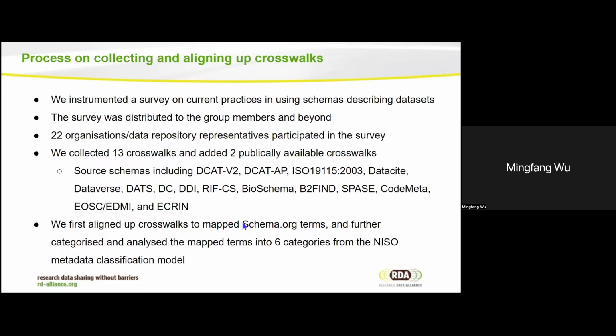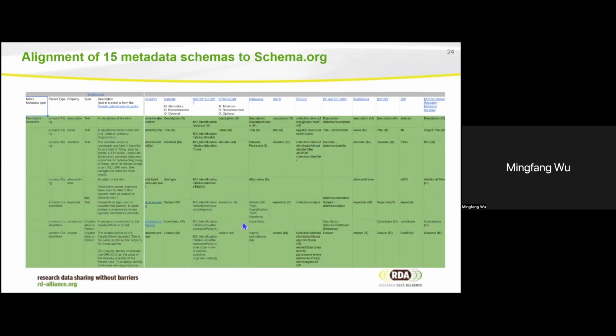So what we did is we first aligned those crosswalks to schema.org terms, then further analyzed those crosswalks. So here is a spreadsheet that shows how we aligned those crosswalks to schema.org. In total, there are 385 properties from 15 crosswalks that were mapped to 40 schema.org properties.